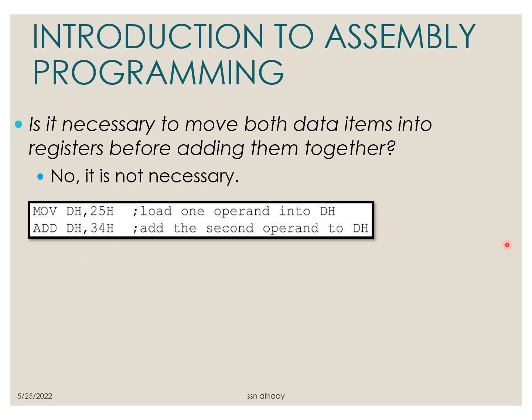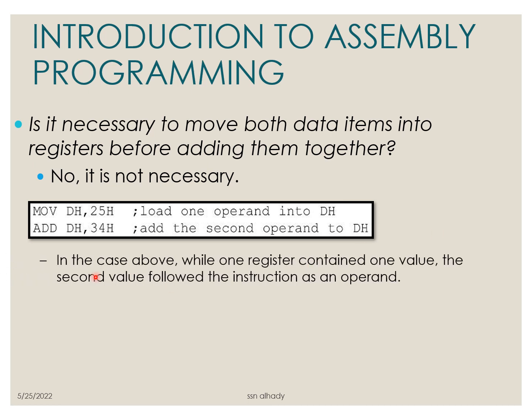The result will be the same as the previous instruction. The only thing is that you use only one 8-bit register. In the case above, one register contains one value and the second value follows the instruction as an operand. The second operand is an immediate value, what we call an immediate operand.